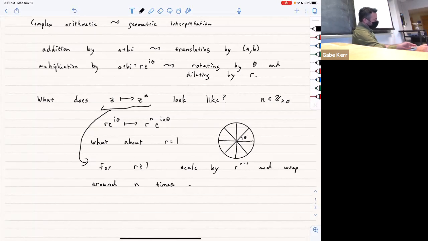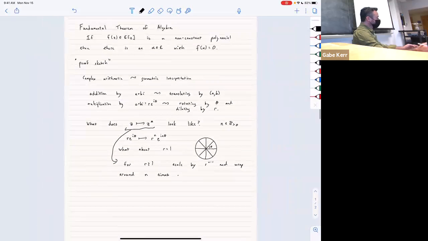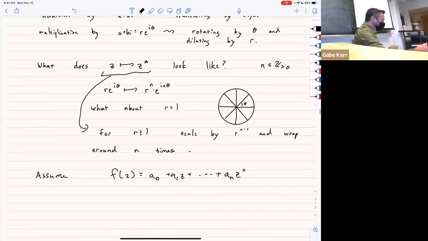Okay, so this is what this looks like. And now let's look back at the fundamental theorem of algebra. We'll assume that f has a particular form: a naught plus a1 times z, and so on, all the way plus an times z to the n.